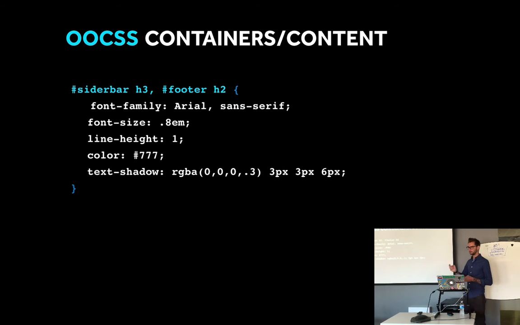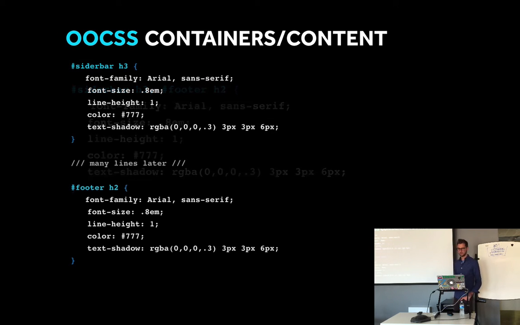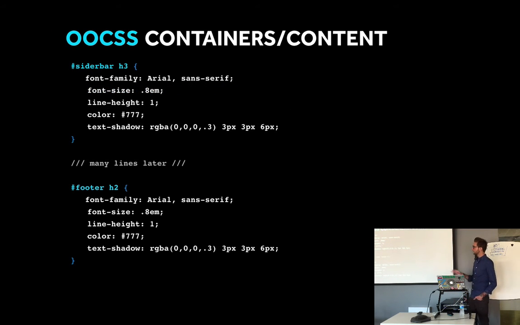Then you have to start applying all these additional selectors at the end, and it becomes really hard to manage and maintain. This is definitely not the right way of doing code. Sometimes this does come up, and it's not always the worst. But a lot of times you see it more like this, where you have sidebar H3, and then many lines of thousands of code later, you have footer H2, and you're just replicating it. This happens actually very frequently.